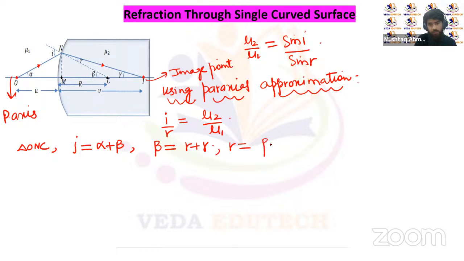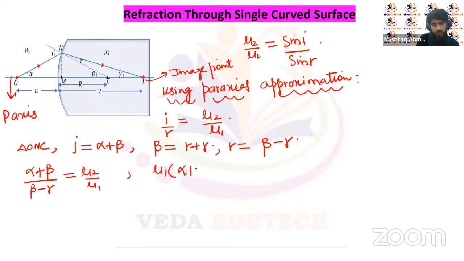Now, alpha plus beta upon beta minus gamma will be equal to mu2 upon mu1, or we can write mu1 times alpha plus beta will be equal to mu2 times beta minus gamma.